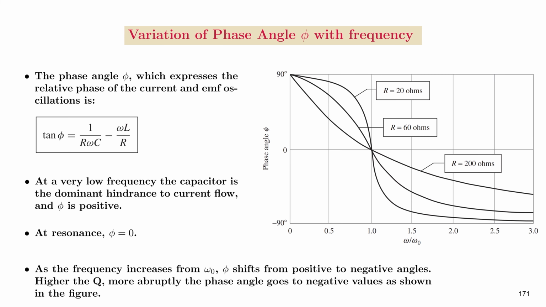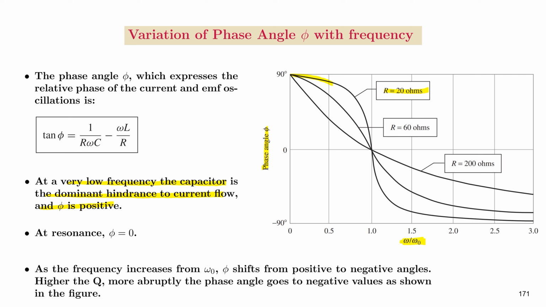Now this figure shows a plot between omega by omega 0 and phase angle phi. The phase angle is expressed as tan phi equal to 1 by R omega C minus omega L divided by R. Let us take a typical case where R has been taken to be 20 ohms. At very low frequency, capacitor is the dominant hindrance to current flow and phi is positive.